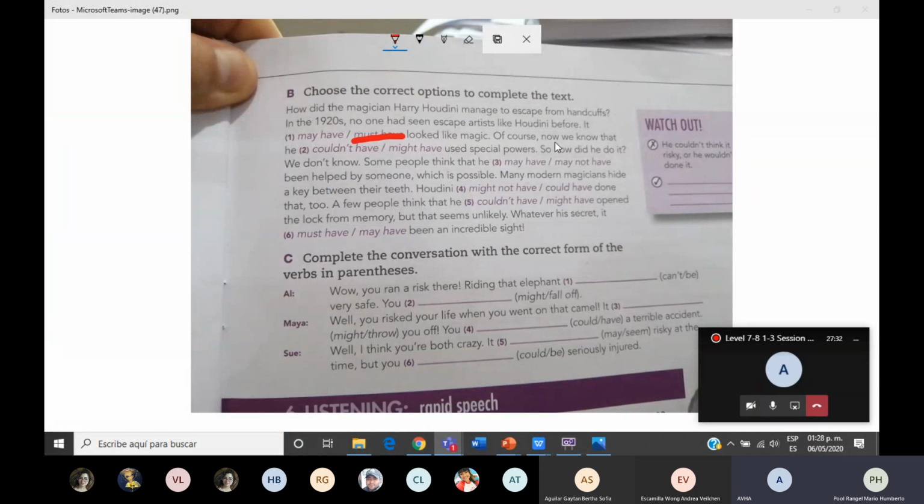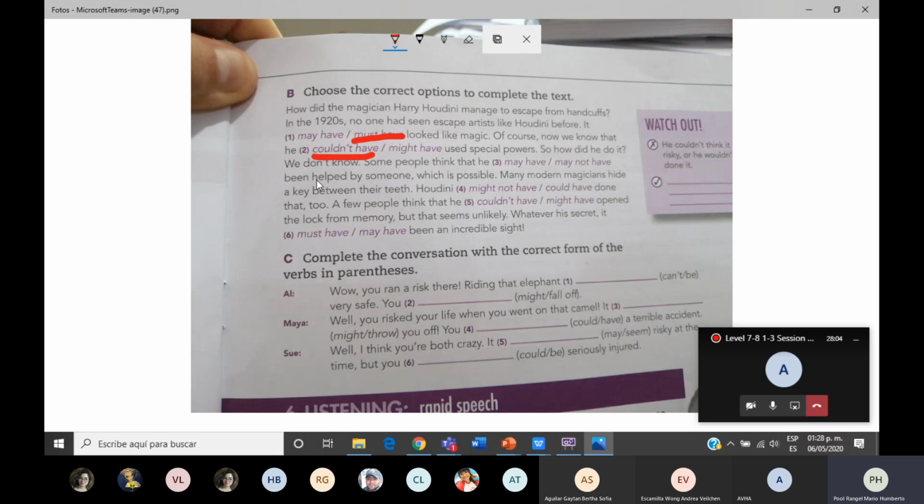Of course, now we know that he couldn't have or might have used special powers. Entonces, la primera sí es must have. Of course, now we know that he couldn't have or might have used special powers. Pues he couldn't have, no pudo haber usado poderes, ¿verdad? Especiales.